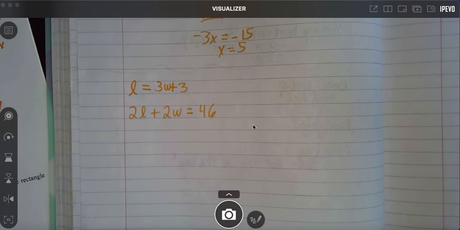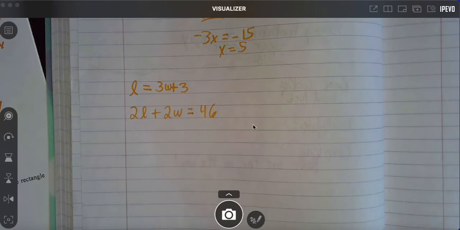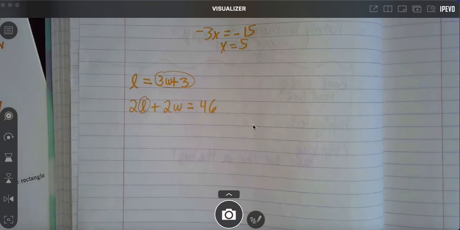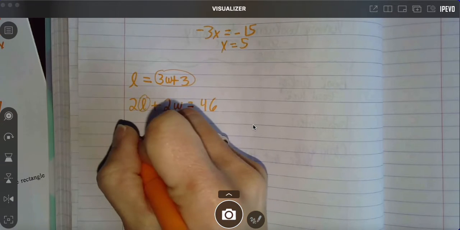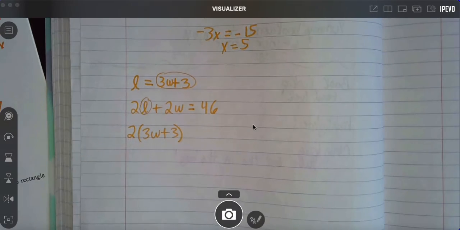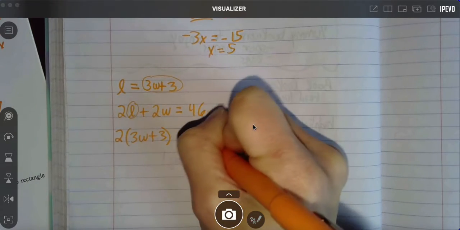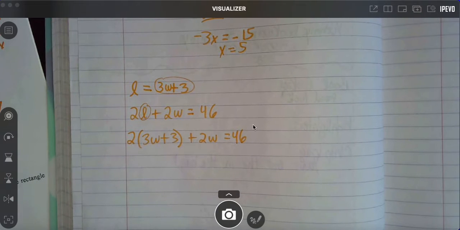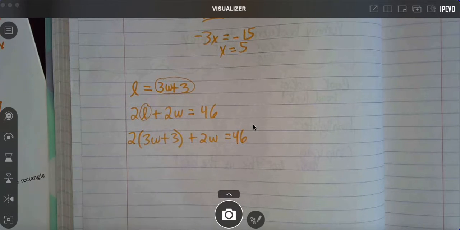I'm going to substitute in though, okay? So instead of writing my L right here, I'm going to write all that. So I'm going to say 2 times all that plus 2W equals 46. So now I just distribute just like my other problem and work it out.